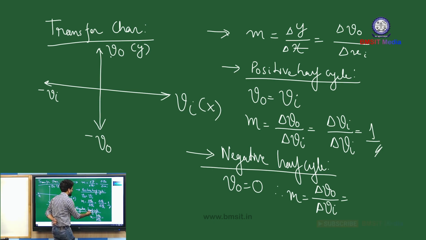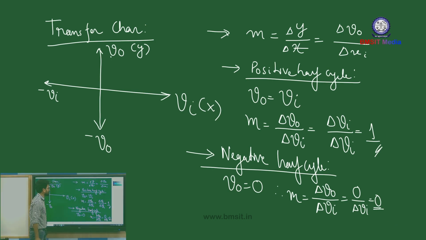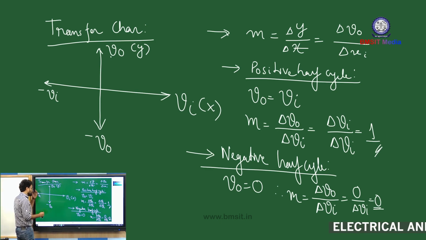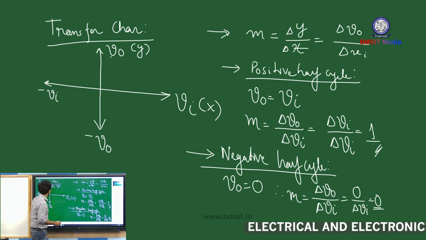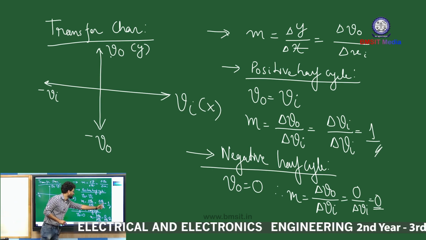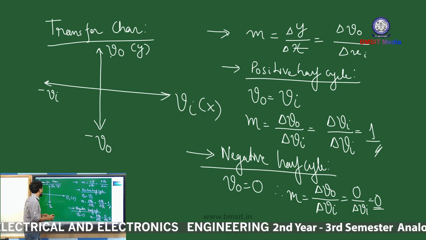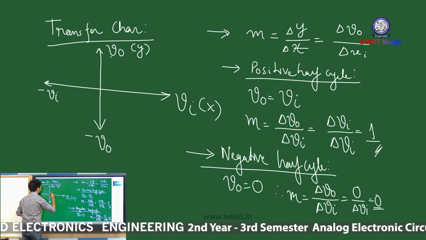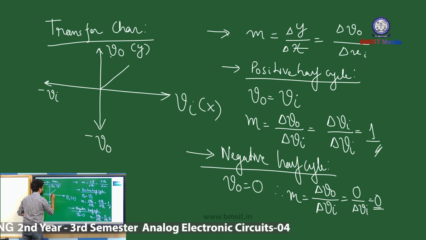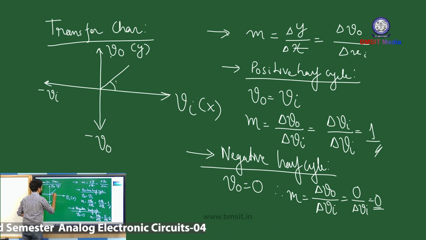Output is 0, so it is 0 divided by delta Vi, which is equal to 0. So in case of the negative half cycle, we get 0 slope. Now let us place these details in the transfer characteristics. What do you mean by one slope? One slope corresponds to a straight line with an inclination angle of 45 degrees.